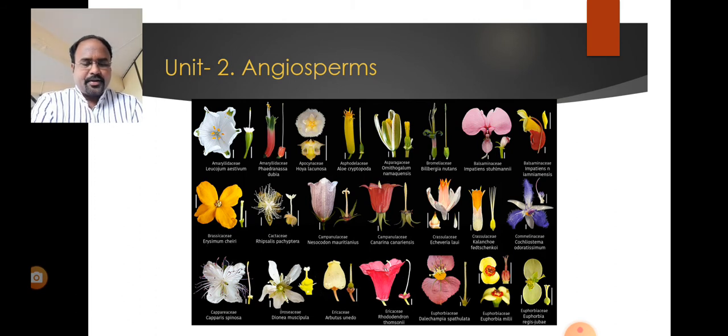Chroma means color and graphy means study. We deal with the separation of different pigments with the help of different methods. There are two methods: one is thin layer chromatography, and the principles and techniques of horizontal and vertical electrophoresis.